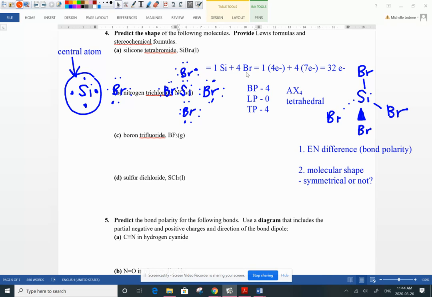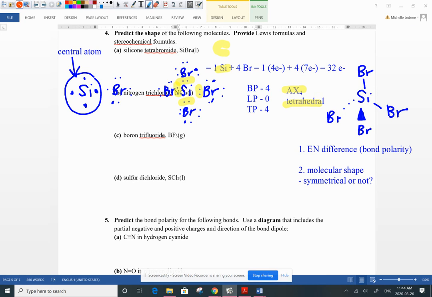Starting as if you're doing the Lewis formula, you find the central atom, make the pairs, fill out the peripheral atoms and the central atom, and then find out what shape it is according to VSEPR. This one has 4 bonding pairs and 0 lone pairs. Silicon is almost exactly like carbon, same group, so they behave very similarly. A total of 4 pairs, 404. This is AX4, tetrahedral.